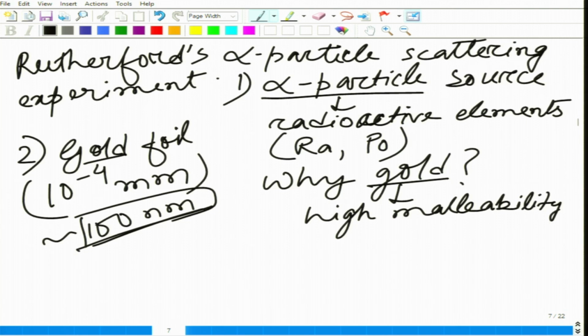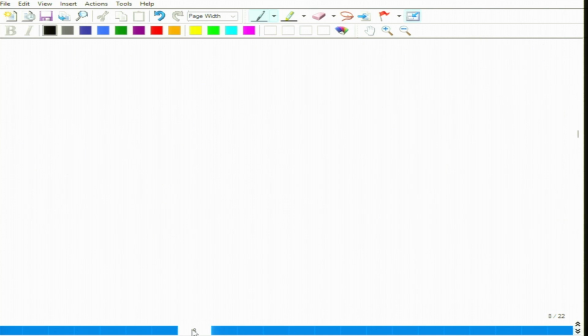So now we will see what the experimental setup looked like. First let me draw, then I'll explain.